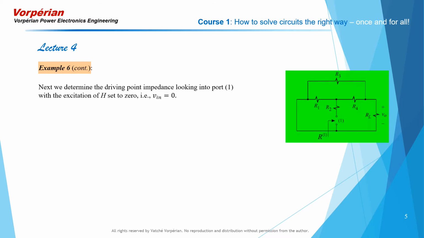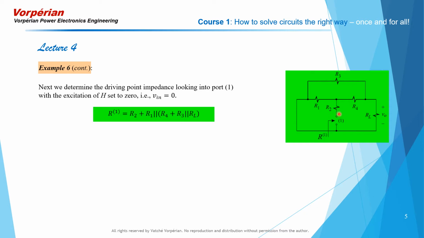The first one is the ordinary impedance looking back into port 1 with the excitation set equal to 0, which means we place a short. And we obtain this rather simple circuit in which we see that Roman R1 is given by R2 plus R1 in parallel with R4 plus R3 parallel RL.